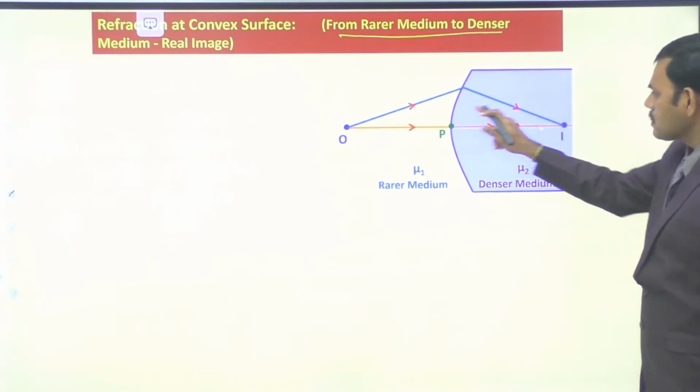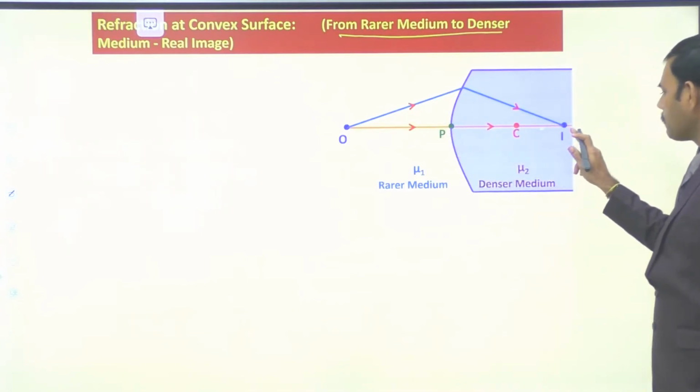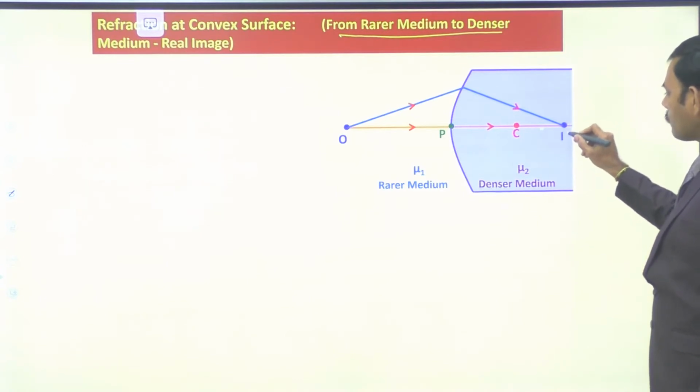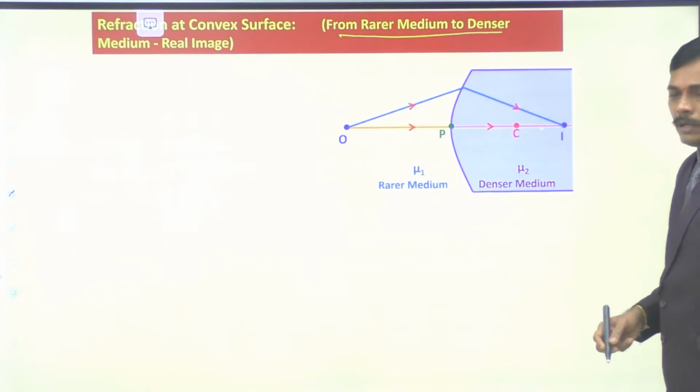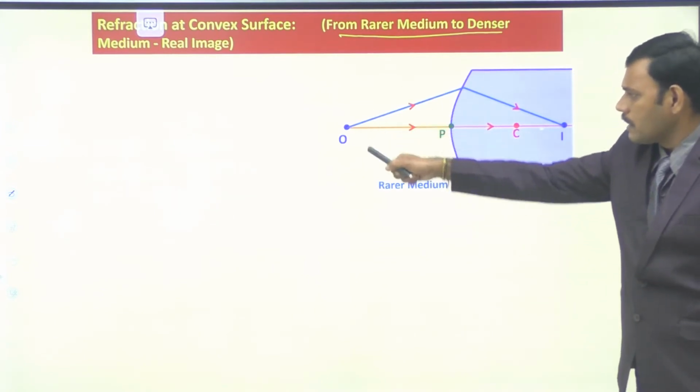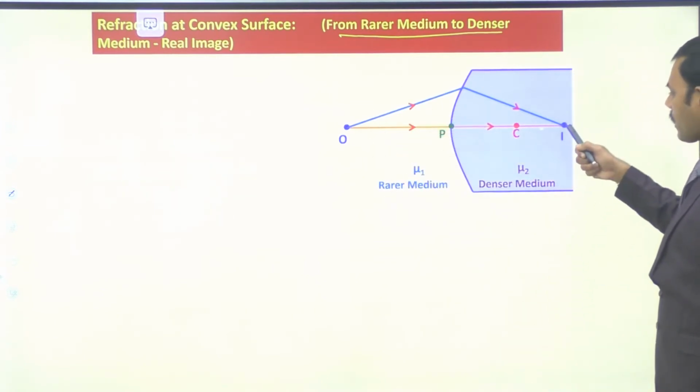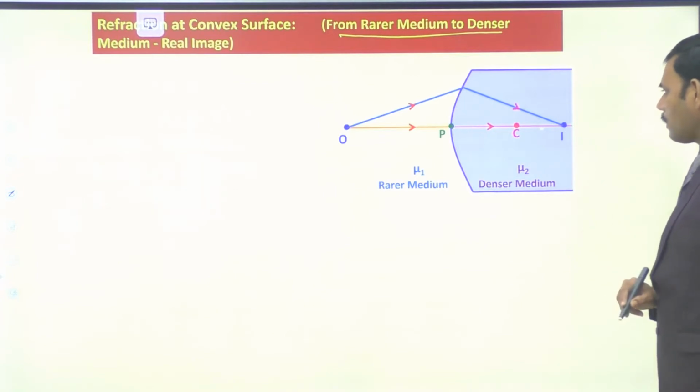These two light rays coming from the object intersect here, and so the image is formed. Let I be the image of the object formed in the denser medium. The object is considered in the rarer medium. After refraction, its image is formed in the denser medium at I.